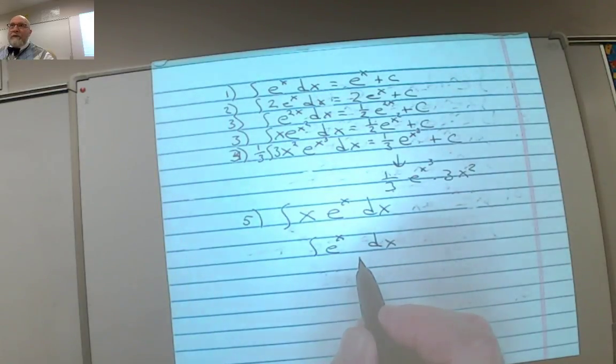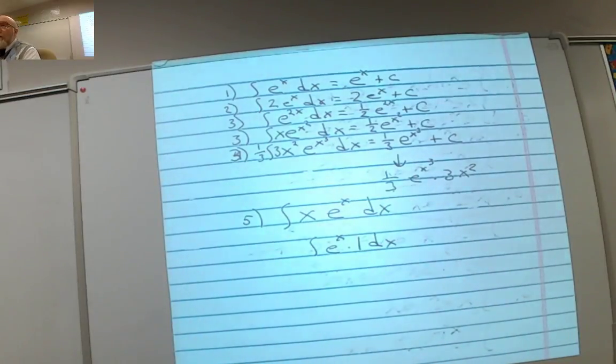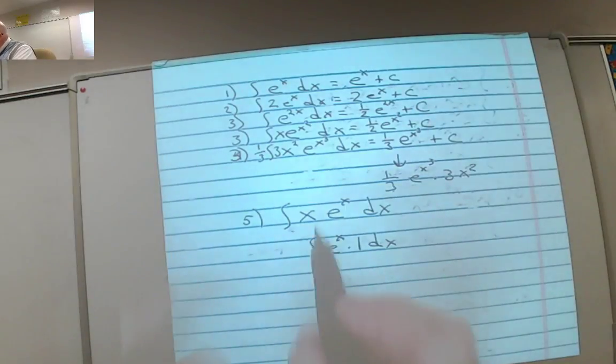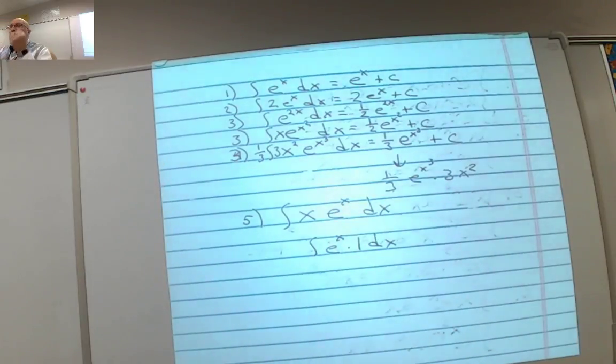Times 1, because that 1 is in there. But this is not the derivative of x, is it? It's something extra. So you should always try to reverse the chain rule if you can. That should always be your first step.